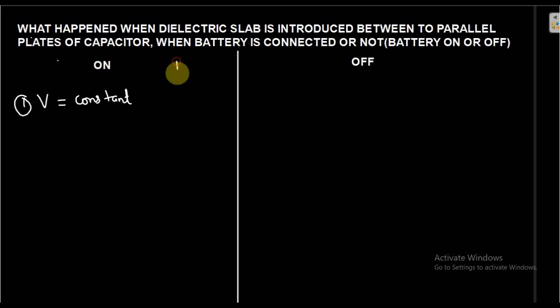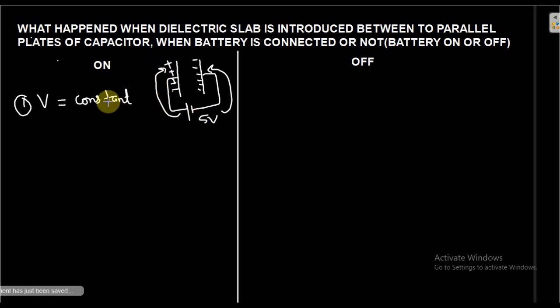Because once you have supplied a potential through the battery to the plates of the capacitor, it will get fully charged. Whatever the value of potential is here, if it is 5 volts, the same potential the capacitor will get from the battery. This will not change, so the potential will remain constant in this situation.